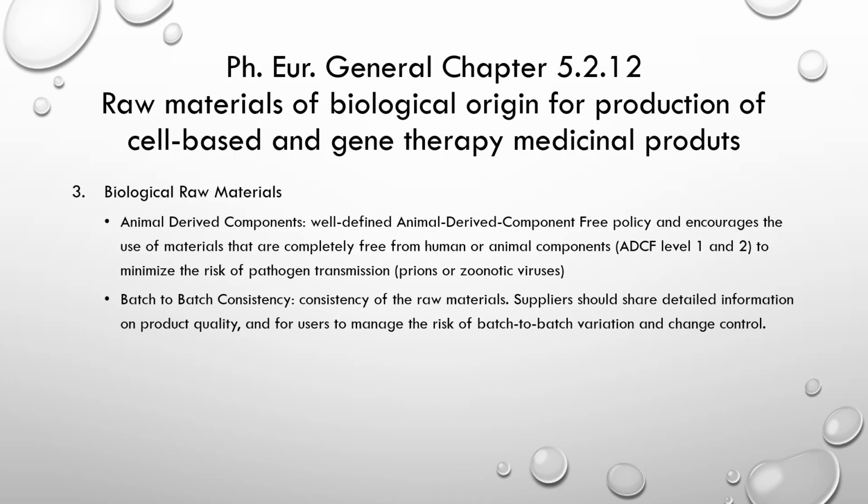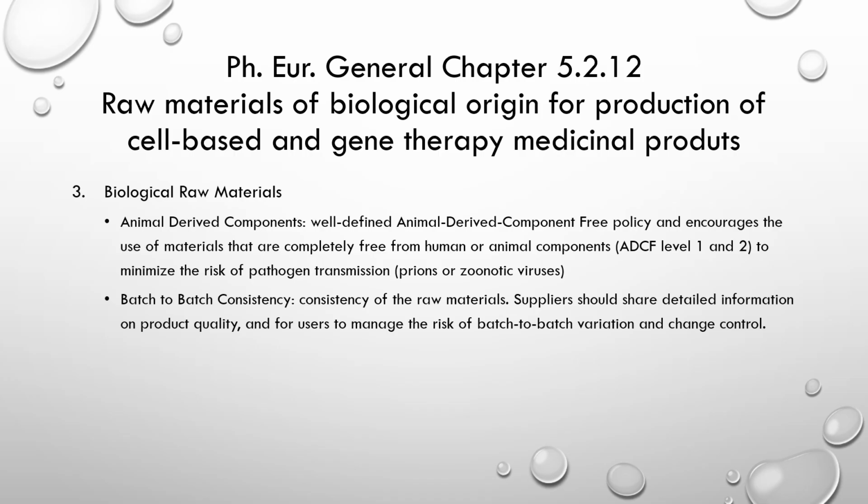But where possible, the animal derived free policy encourages the use of materials that are completely free from animal and human components. And this is to reduce the risk of pathogen transmission, so prions and zoonotic viruses.